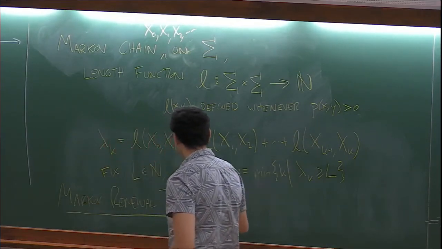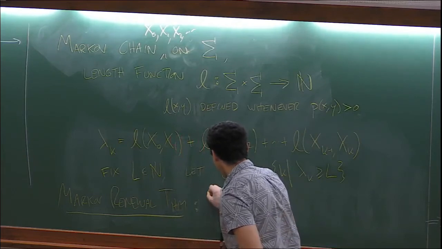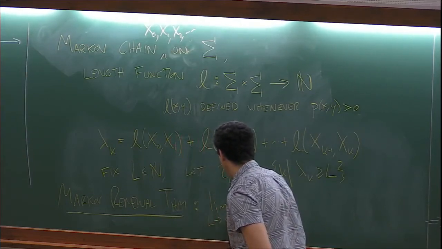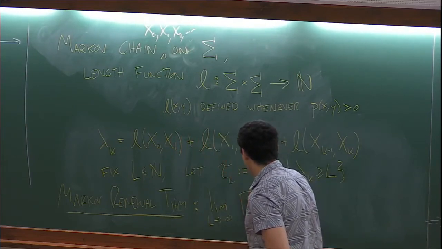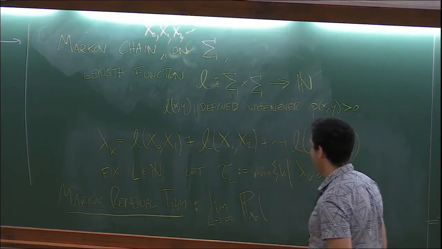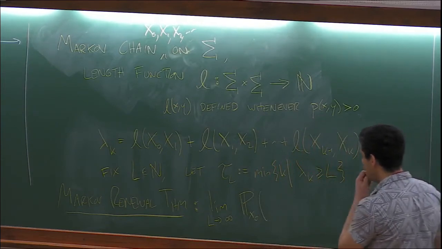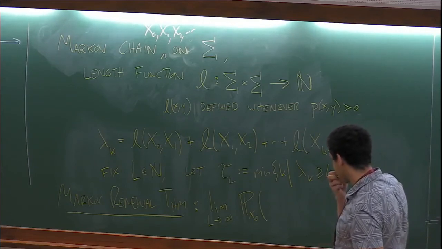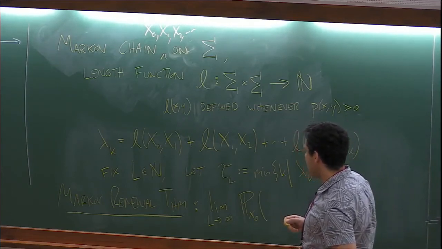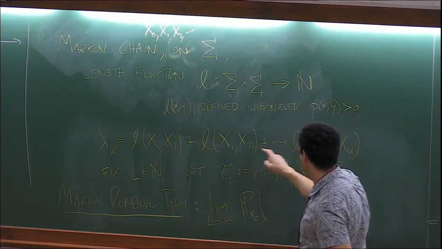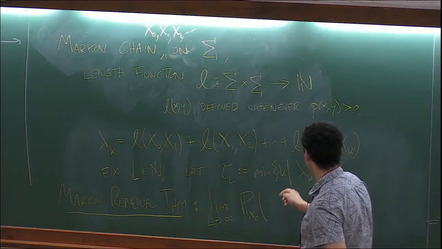It says, if your target length was really long, so you're taking L to infinity, and you're interested in the distribution starting from some x0 of, well, what could you ask for? So you could ask for which edge was the one that pushed you over the threshold.